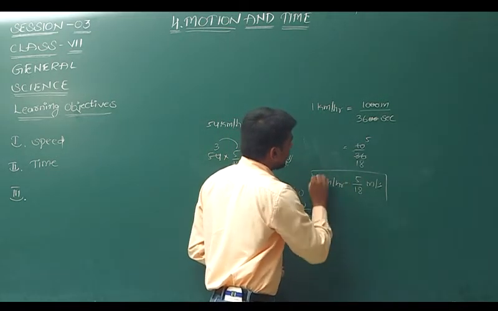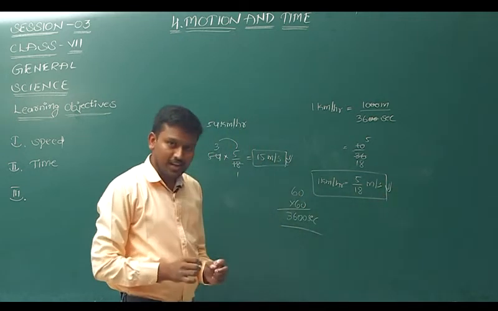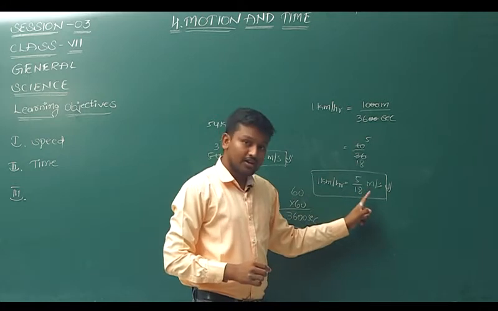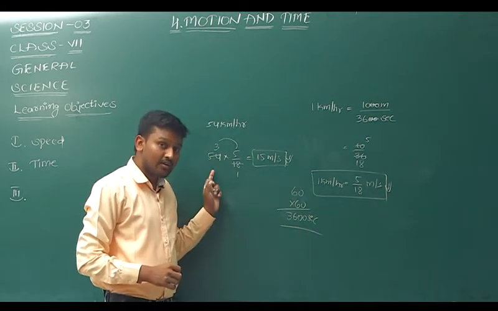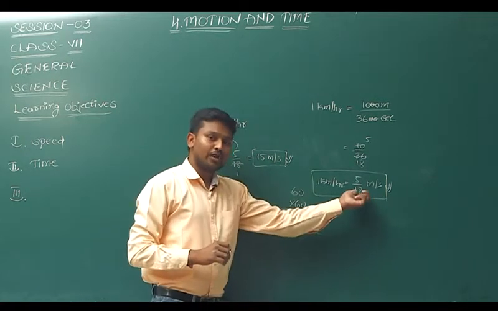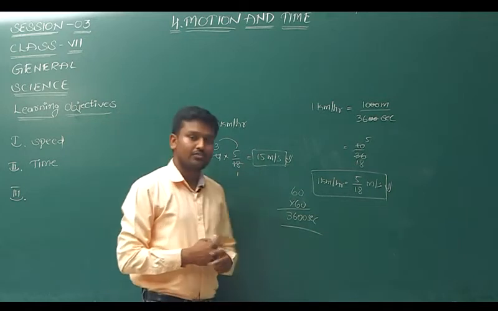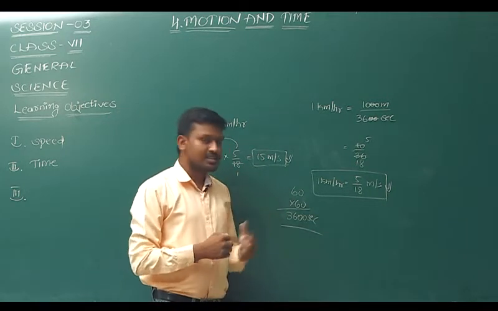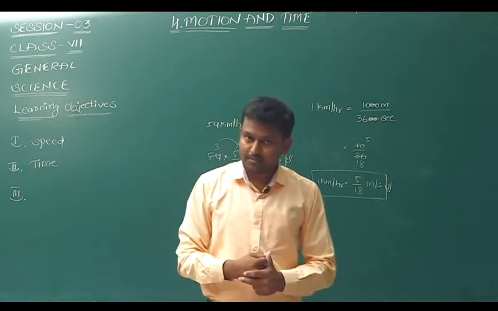So 1 kilometer per hour is equal to 5 by 18 meter per second. If 1 kilometer per hour is equal to 5 by 18, then for 54 kilometer per hour, how to convert this? Just simply we will multiply 5 by 18 to this 54. So then we will get here 15 meter per second. So this is the conversion of a kilometer per hour into meter per second.